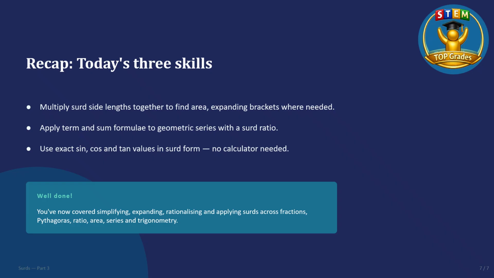You have also used the exact sine, cos, and tan values in surd form. No calculator required for these solutions. You've done really well here, so well done to you. You have now covered simplifying, expanding, rationalizing, and applying surds across fractions, Pythagoras, ratio, area, series, and trigonometric calculations.